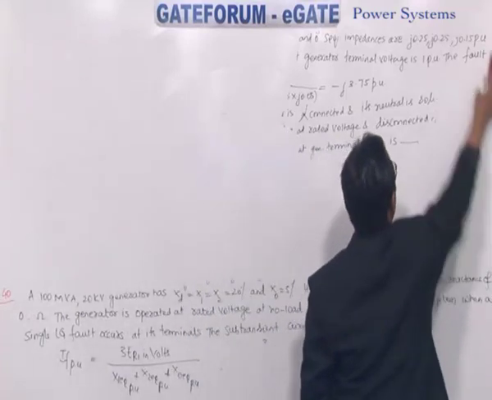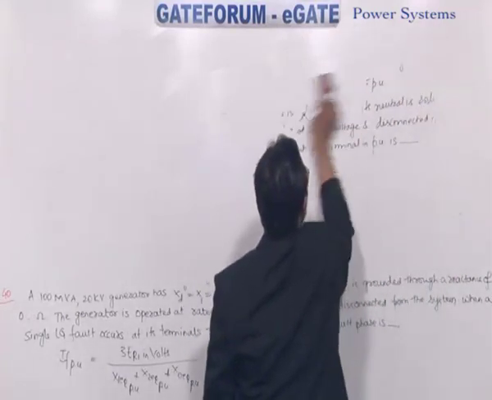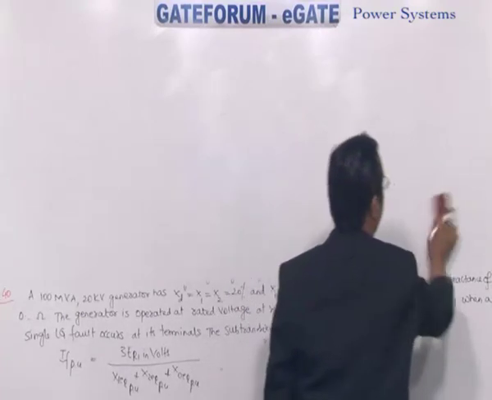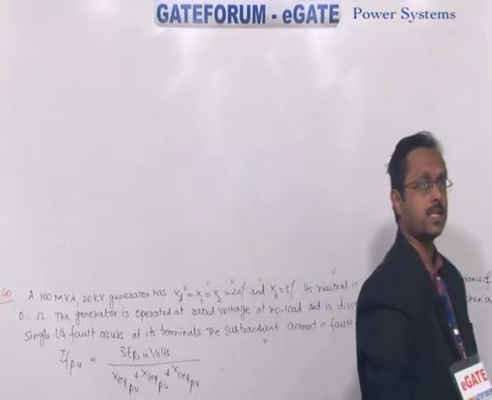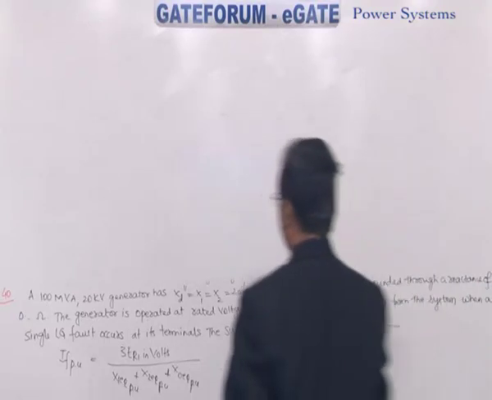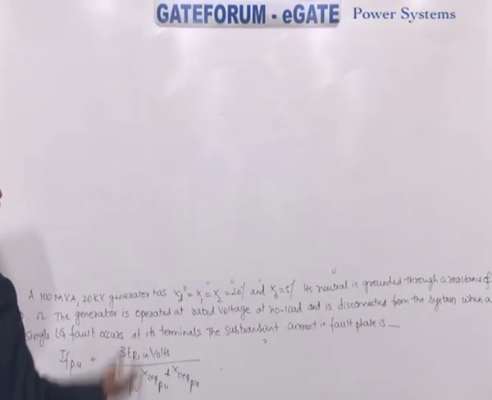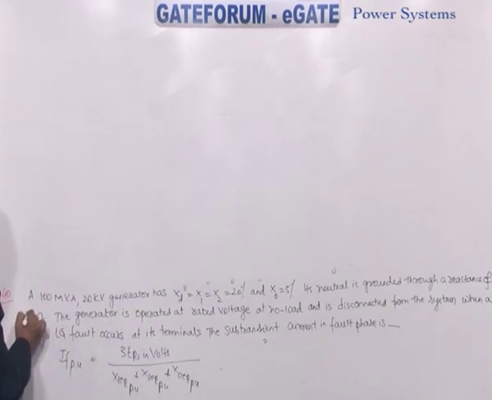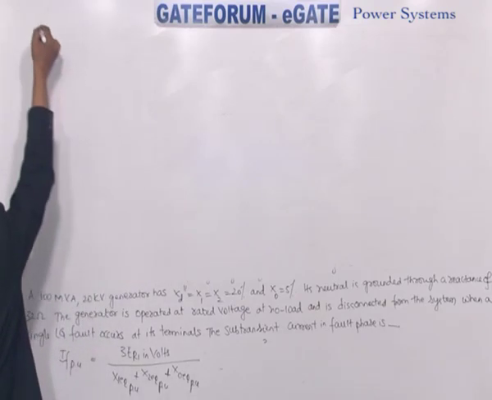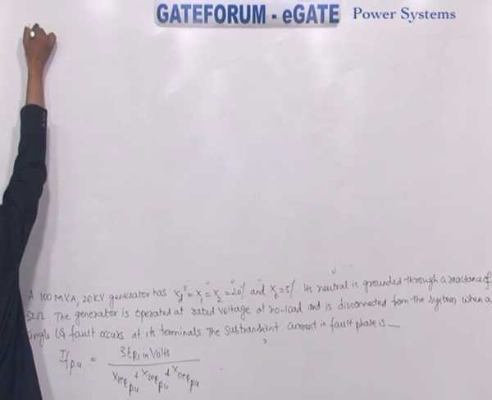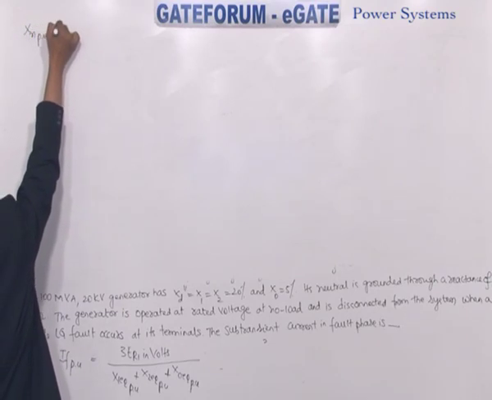And how to get those percentage reactances? 100 into per unit reactance. Now the neutral reactance is given as 0.32 ohms, so you find the neutral reactance in per unit.